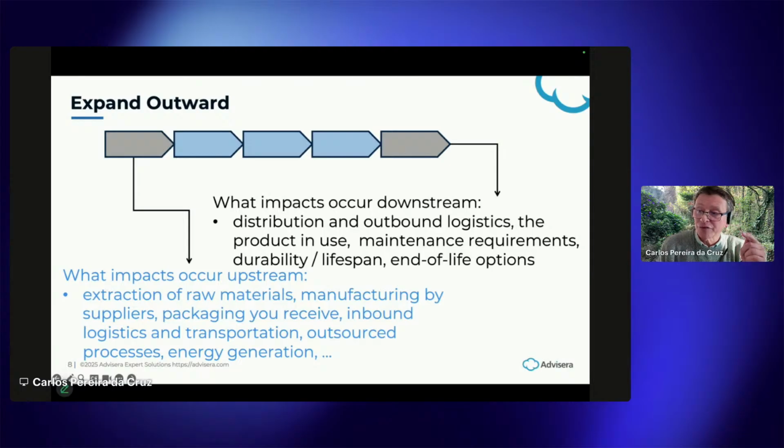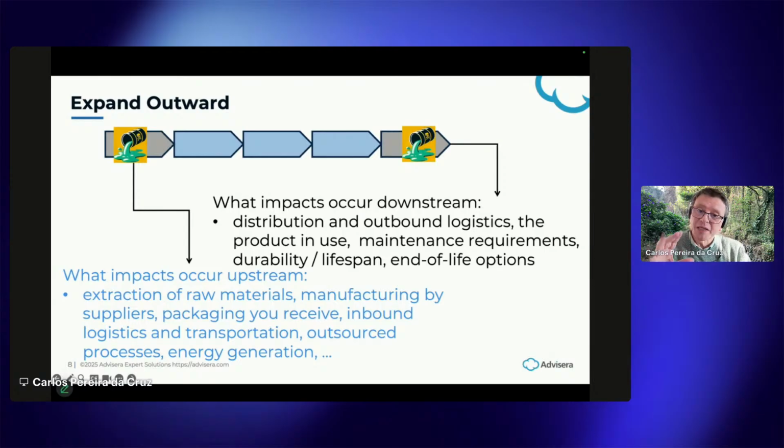Now, don't forget, consider abnormal conditions and emergency situations. Okay, the life cycle perspective does not replace normal, abnormal, emergency. It integrates with it. Okay, so consider things like supplier failures, customer misuse, transport accidents, spill risk, fire, waste leakage, chemical release, end-of-life contamination events.